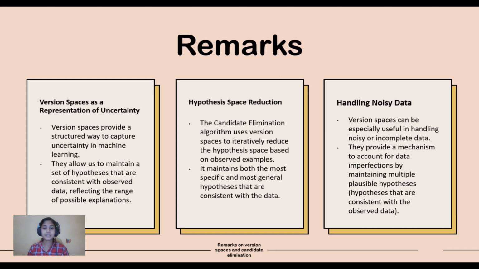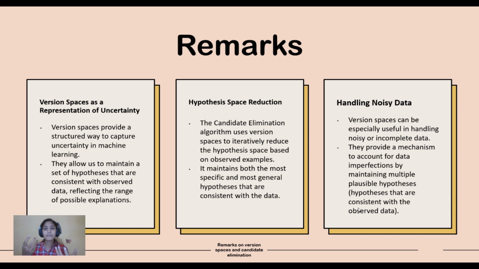So the next one is hypothesis space reduction. The candidate elimination algorithm uses version space to iteratively reduce the hypothesis space based on observed examples. As I said, we compare the example and the hypothesis. Are they consistent? Then we will retain it. If they are not consistent, I also told you a rule in the previous video: if the hypothesis and the example are compared, and the example is positive and both are matching, then we will retain it.